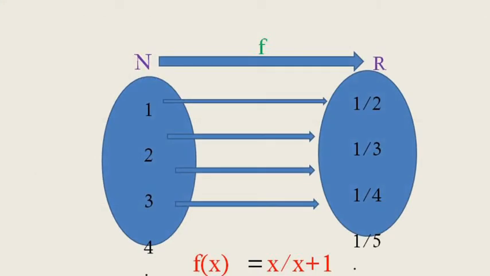Similarly, for second sequence, 1 upon n plus 1, the terms in the domain set are 1, 2, 3, 4 and their images in codomain set are 1 upon 2, 1 upon 3, 1 upon 4 and so on.